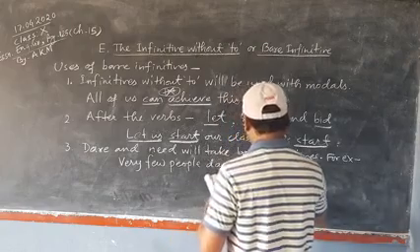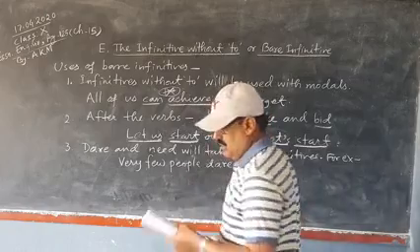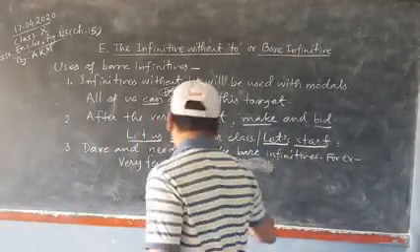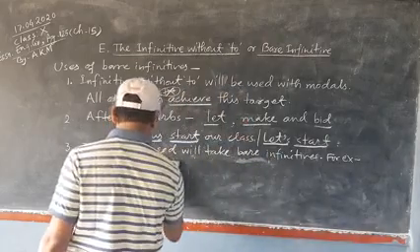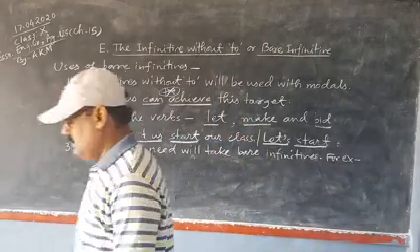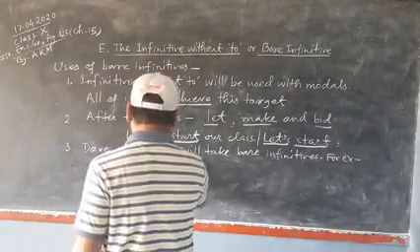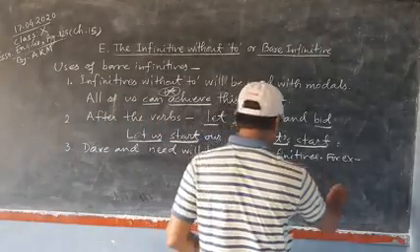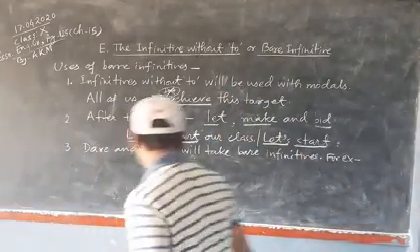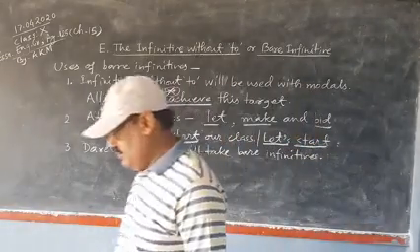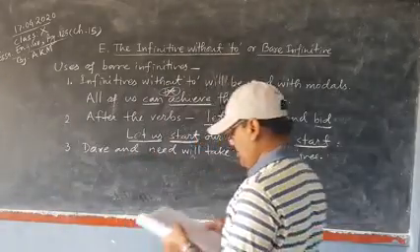Sorry, actually, we should write it in this way. Just a minute. Dare and need will take bare infinitives. First, something is left here. Write it down and check it.